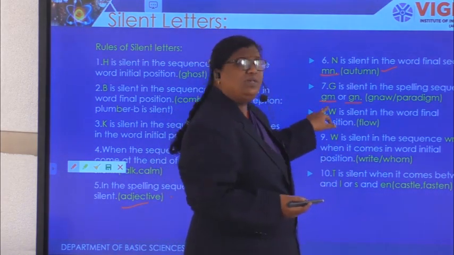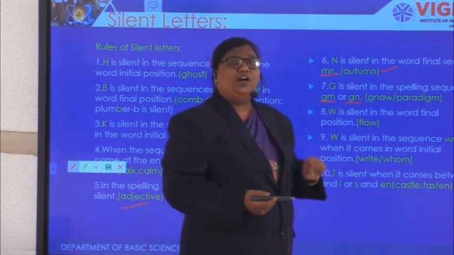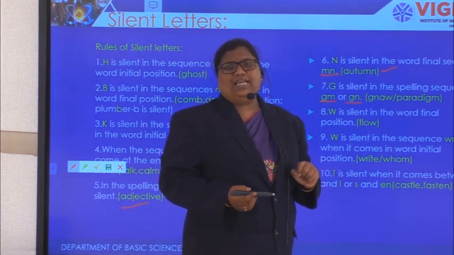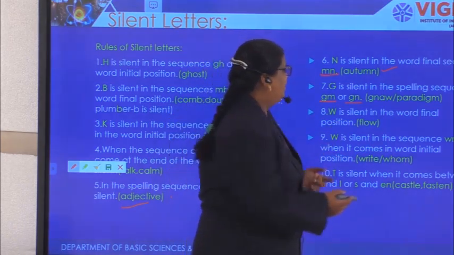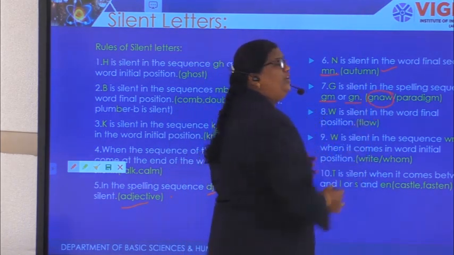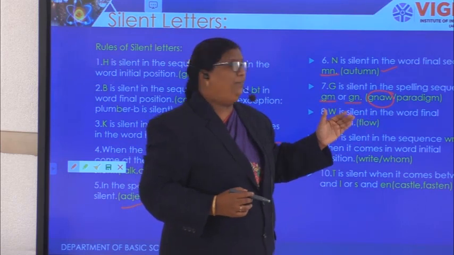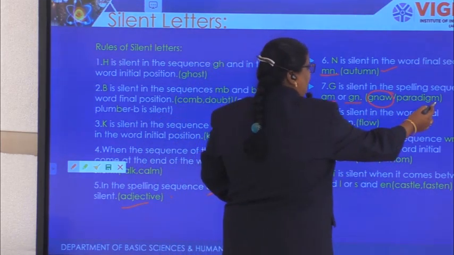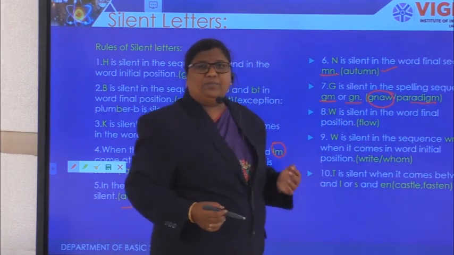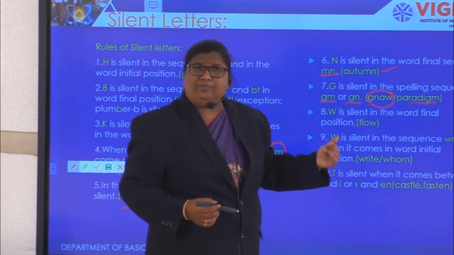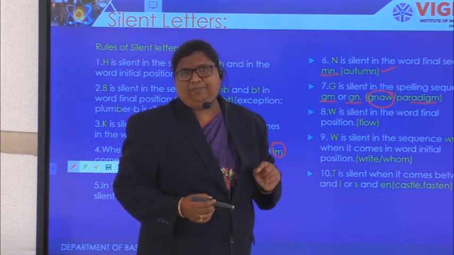So if you get a sequence GM or GN, automatically G is silent. Like gnaw, but you pronounce it as naw. Paradigm, you're not pronouncing the G.